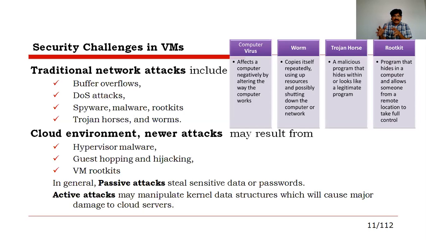Passive attacks, in the sense, may steal sensitive data like passwords, whereas active attacks may manipulate the data structure and cause major damage to the cloud service providers. So to provide security for small sensitive data, we need to protect against passive attacks, and to provide security for the entire structure of the cloud computing servers, we need to protect against active attacks.